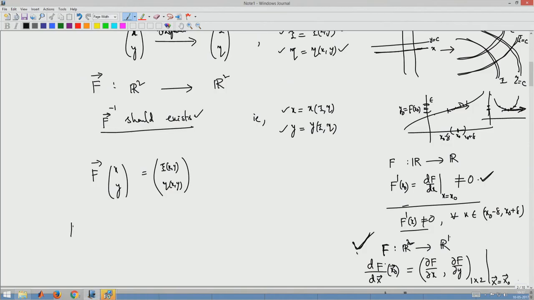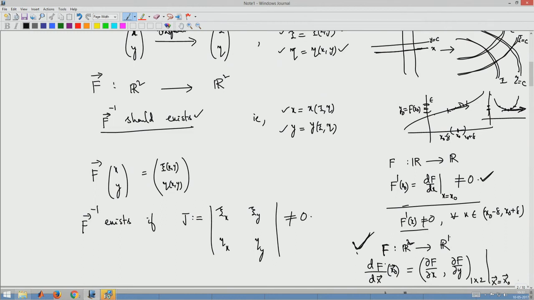So, if f bar inverse exists, the Jacobian, which by definition is the determinant of xi x, xi y, eta x, eta y, is non-zero.